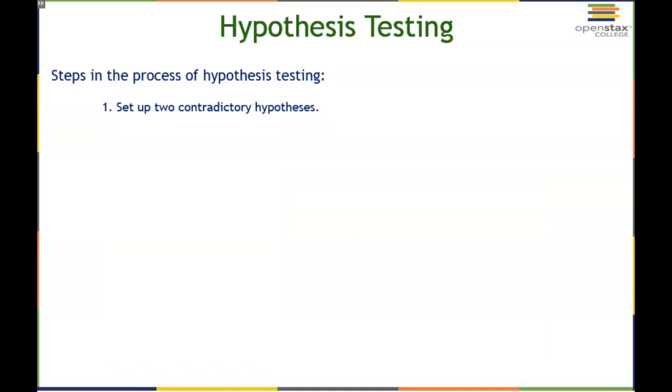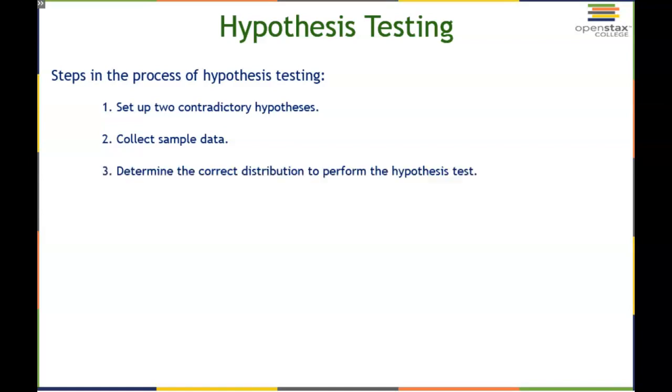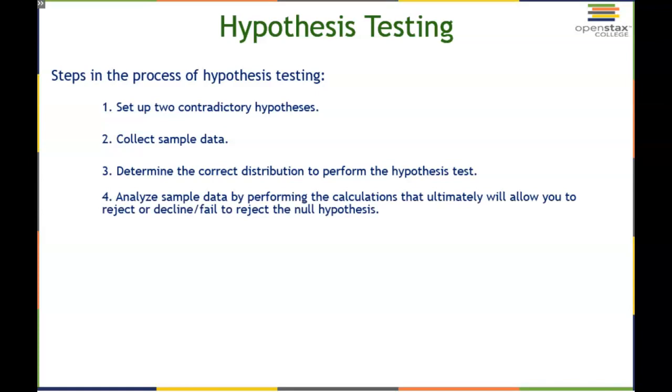Once we set up our hypotheses, we then collect data. We go out and we test the sky for its color spectrum. And we collect that data and we determine the correct type of distribution because we're going to run a test on it. Once we run the test, we analyze those calculations and we decide to either reject or fail to reject what's called the null hypothesis. We'll talk about that in just a second.